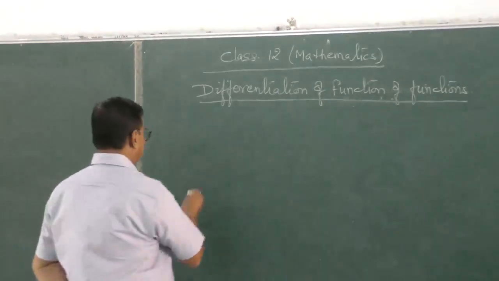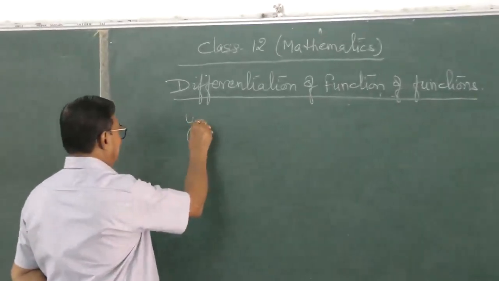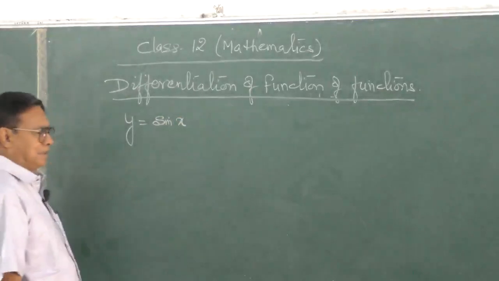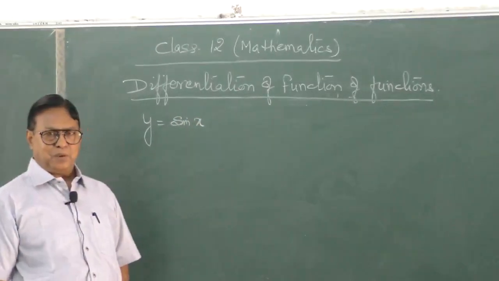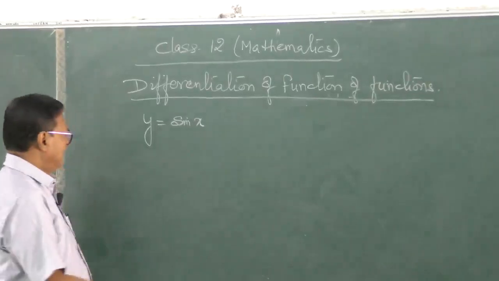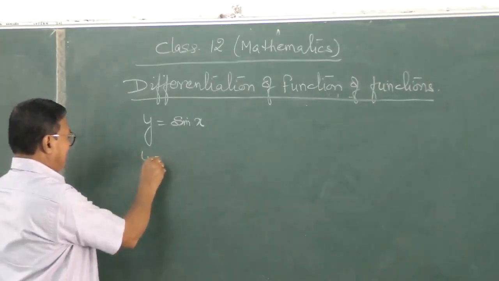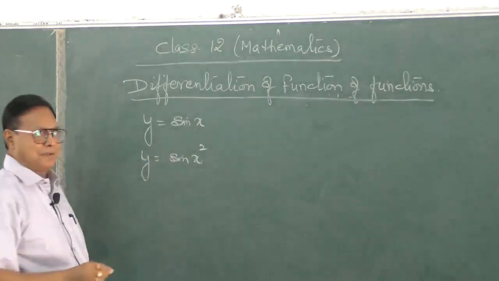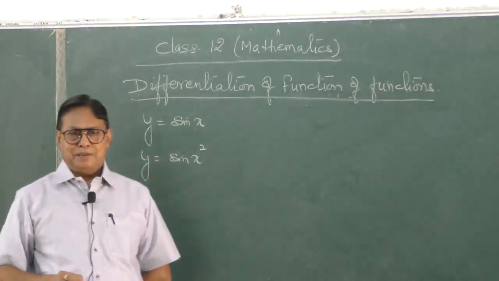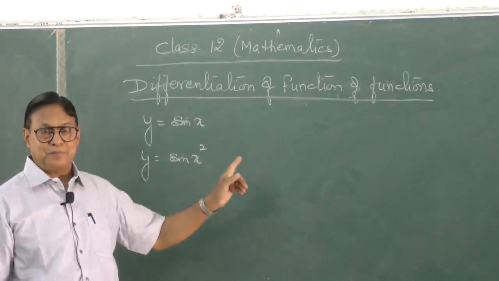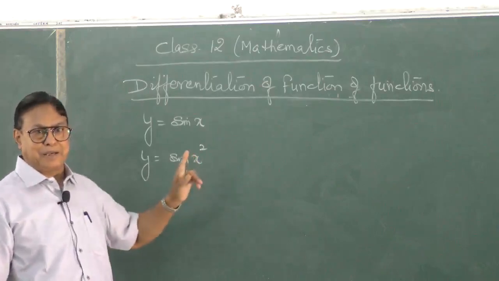Now look at this. y is equal to sin x. If we put a value to x, we get the value of y. So it's a direct function. But if y is equal to sin x square, then by putting a value of x, we first have to square it and then we get the sine of that.